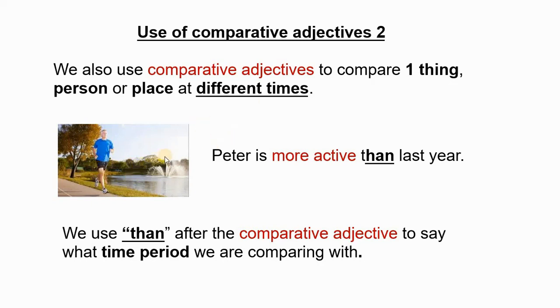Peter is more active than last year. Notice that we do not necessarily have to say the word now. It is implied in the sentence. Peter is more active than last year.